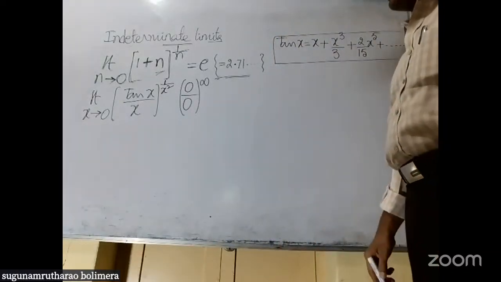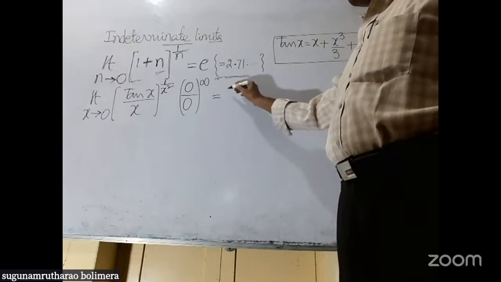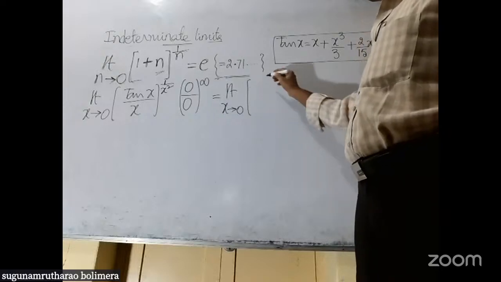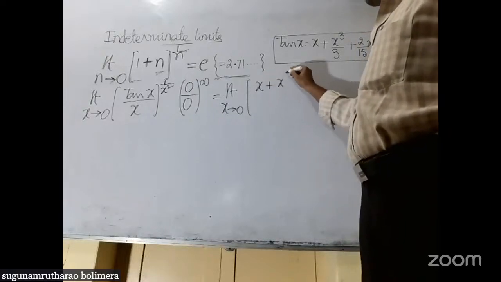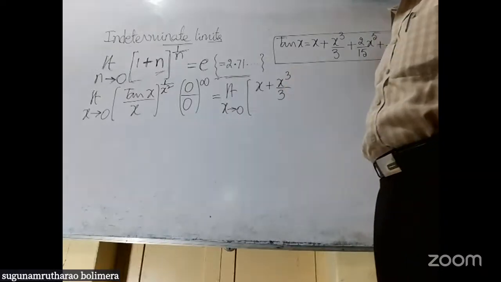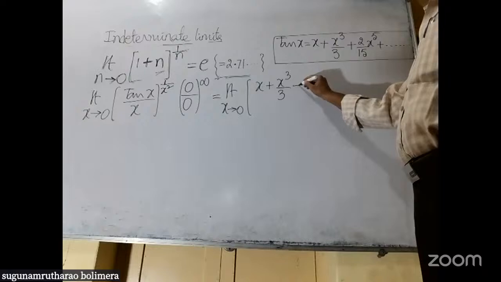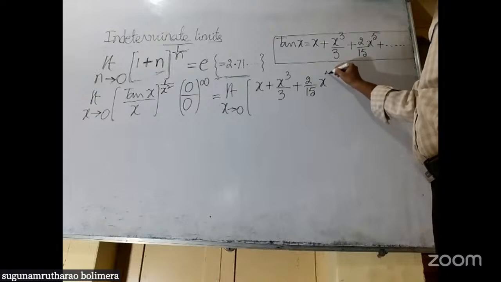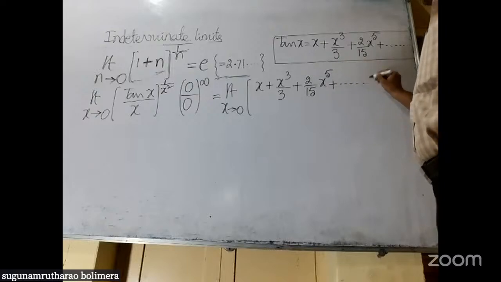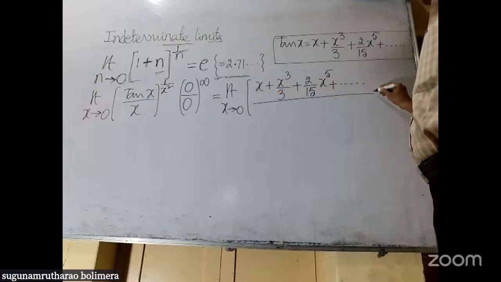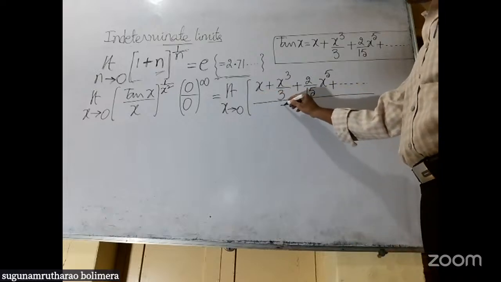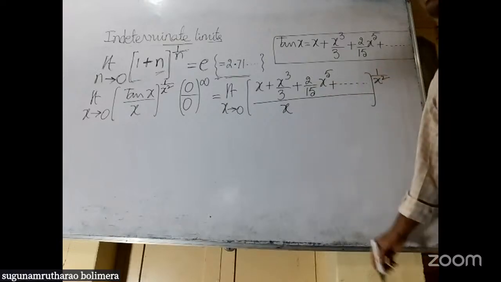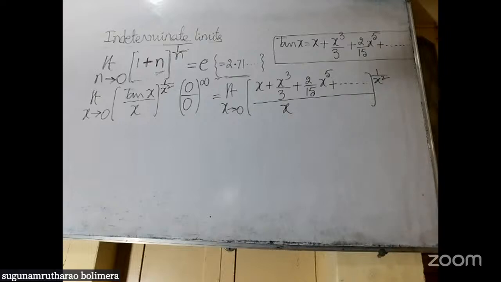Now I am going to write limit x tends to 0, (x plus x cubed by 3 plus 2 by 15 x power 5 plus so on) all divided by x, whole power 1 by x squared. This is the problem given to us.